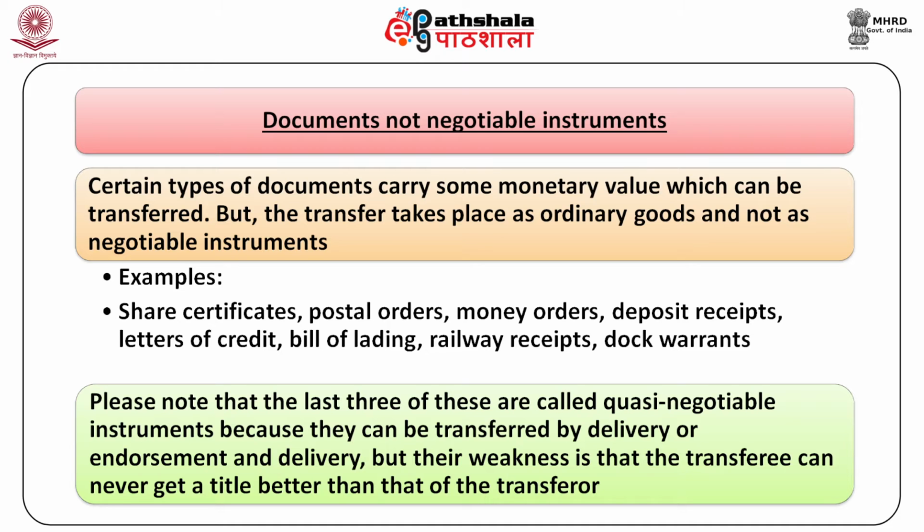These are specific instruments which are definite instruments which can be used for exchanging monetary value, but they are not all negotiable instruments. Please note that the last three are called quasi-negotiable instruments because they can be transferred by endorsement and or by delivery.